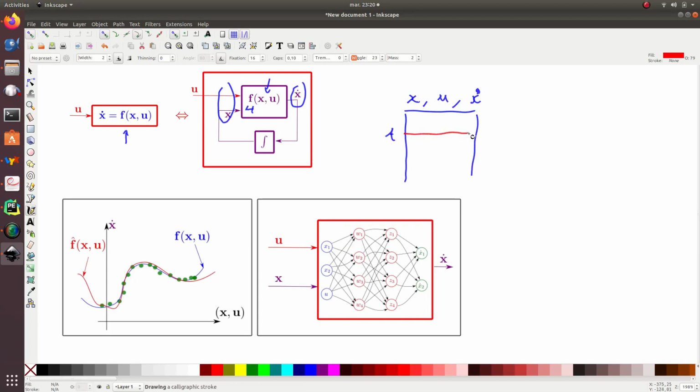Each line corresponds to a position for my boat, but I also need to have x dot. We'll see that this one can usually be obtained using accelerometers, and the other one can correspond to speeds or whatever. At this moment, I don't care. I just need to understand that I need x, u, and x dot for different t.